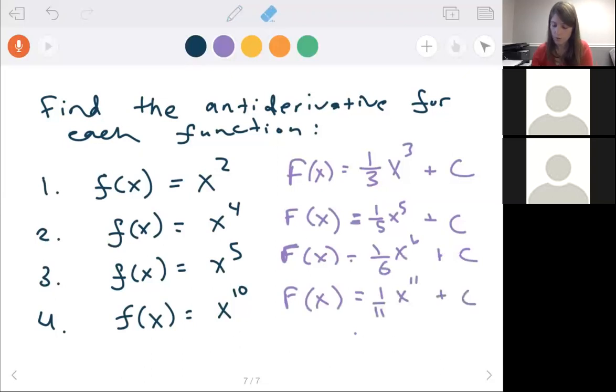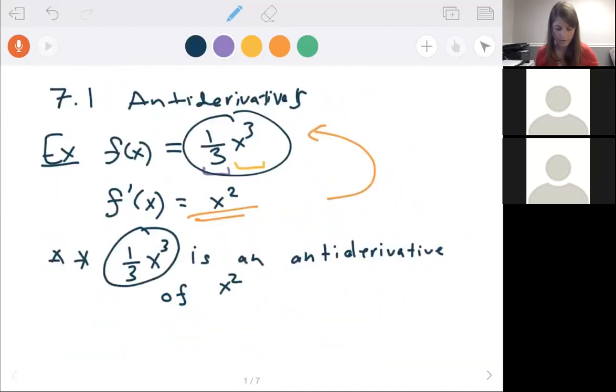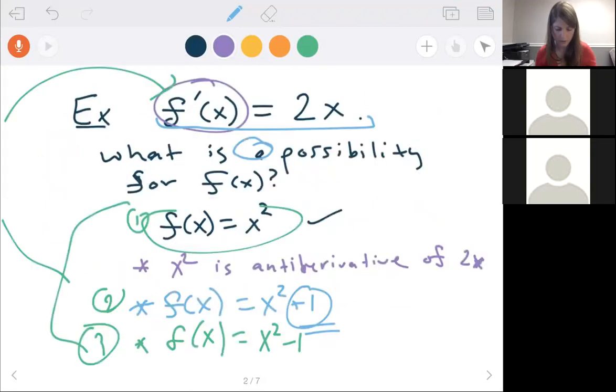And for these ones, what made this easier was that we didn't have any constants in front of our original. So there's just the 1. If we can remove what's causing us problems, sometimes the constants might make our function's antiderivative easier. For example, the antiderivative of 2x is x squared, because when you differentiate x squared, you get 2x.